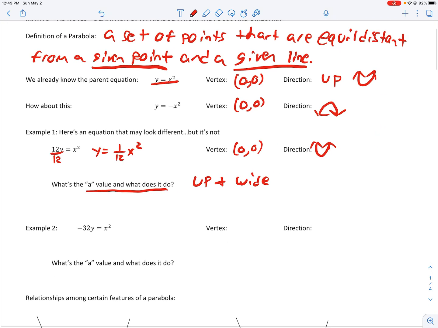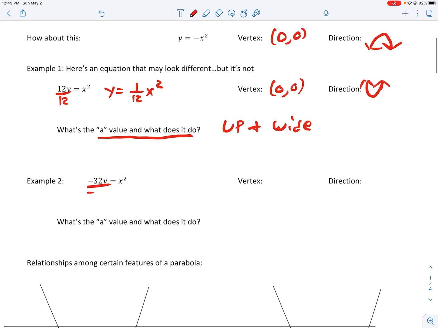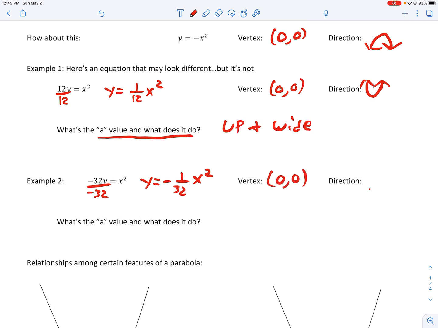So if you look at example 2, negative 32y equals x squared. If we just divide by negative 32, you get negative 1/32 x squared. It hasn't been shifted, so the vertex is still (0, 0). The direction is going to be down because of the negative.